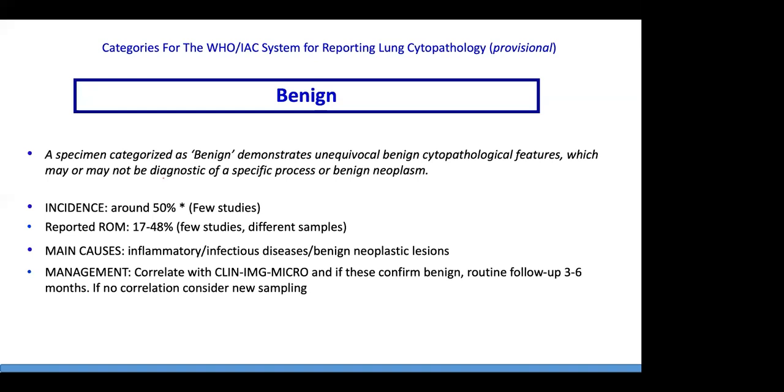So it's interesting. The main causes are inflammatory, infectious, benign. The management of these situations always correlates with the clinical, image and microbiology. If this confirms benign, routine follow-up at 3 to 6 months. If there is no correlation, consider a new sample.